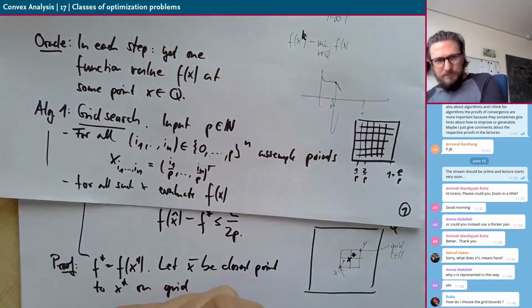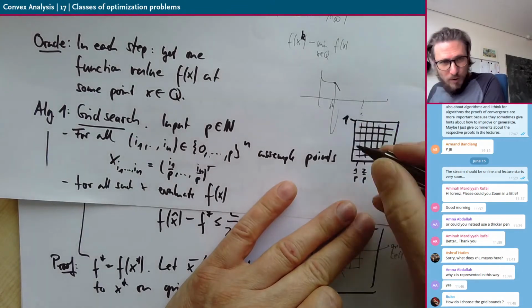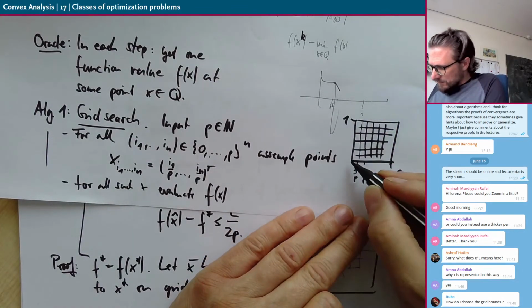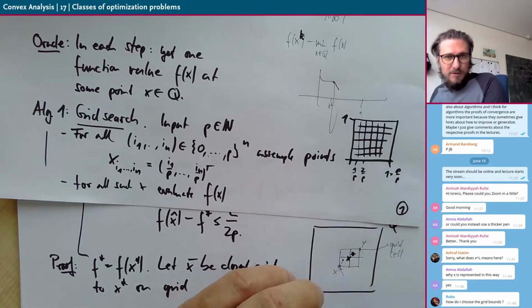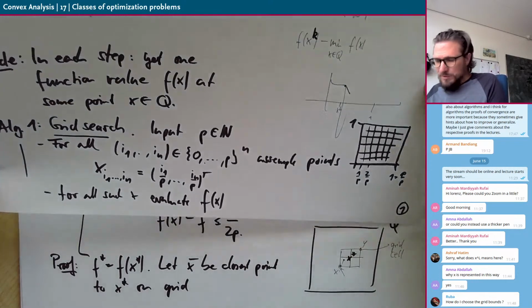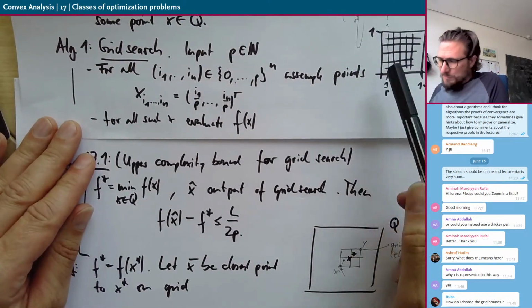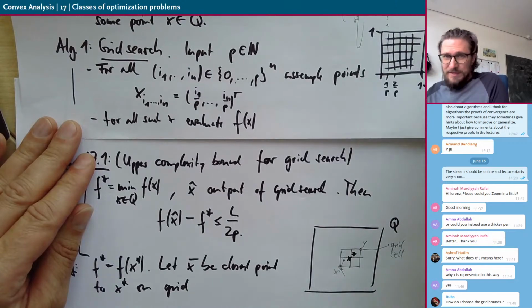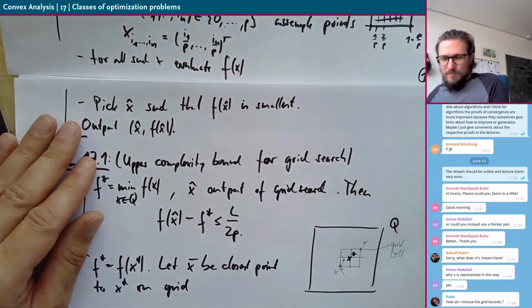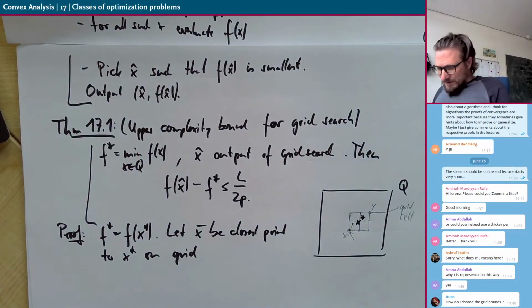So by definition of our problem, this is 1 and this is also 1. So this is just the unit square here, and in n dimensions it would be the n-dimensional unit cube. And we chose the grid equidistant, which means from one point to the next is always the same distance, but again only to make the analysis simpler.